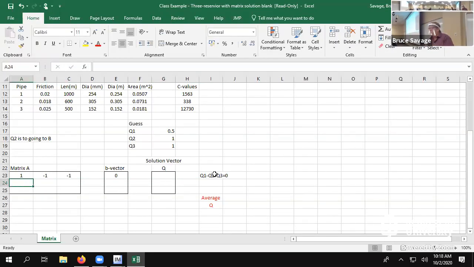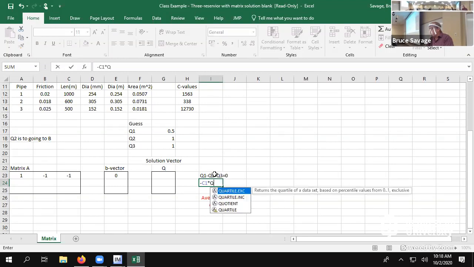Okay, and then I'm going to come down here to matrix A, and now I'm going to put in the coefficients. Well, the coefficient of my first equation, remember the equation then, hydraulic grade line at 1. Now, I'm going to reorder this equation because the hydraulic grade line is known, right? So I'm going to write it as minus C1 times Q1 prime times Q1.